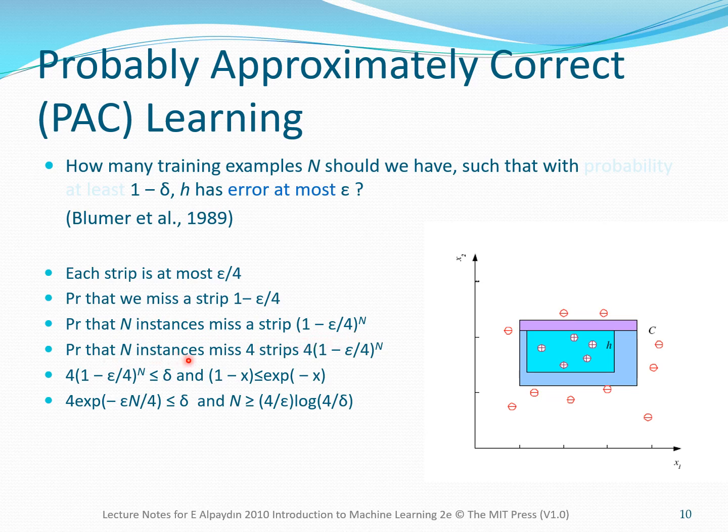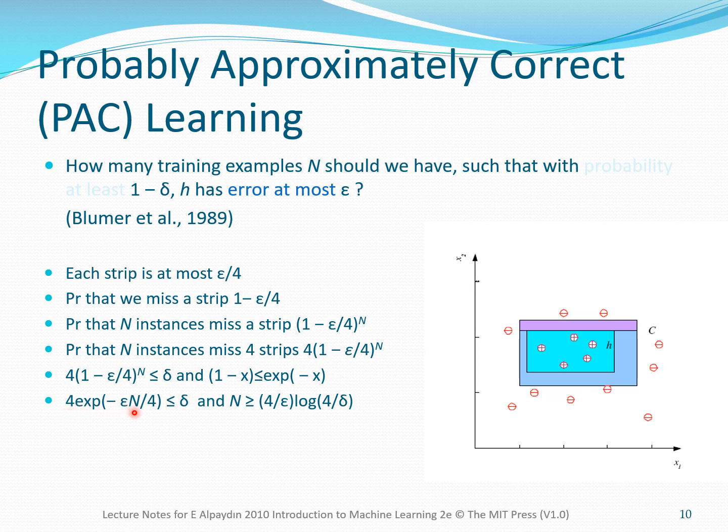Probability that n instances miss 4 strips is 4 multiplied by this, and the probability that n instances miss 4 strips has to be less than delta, and 1 minus x is less than or equal to exponent of negative x.